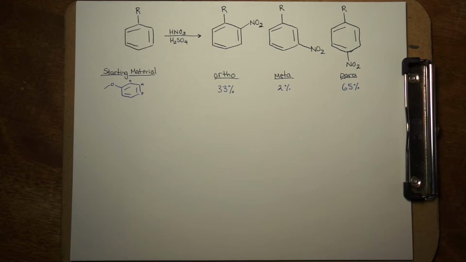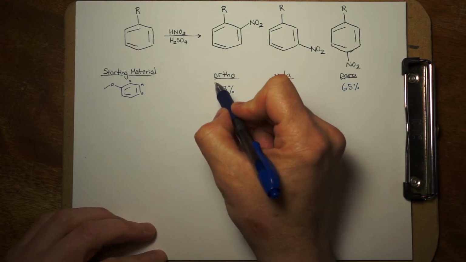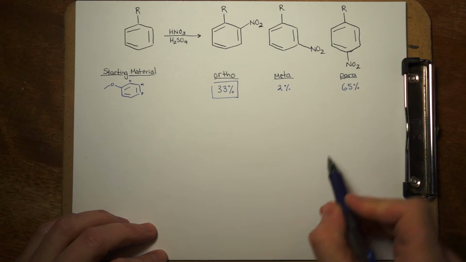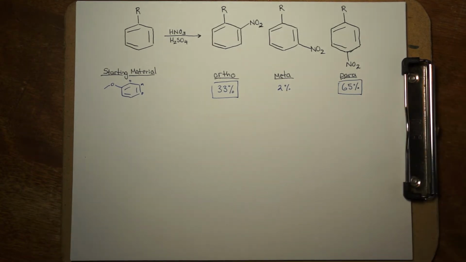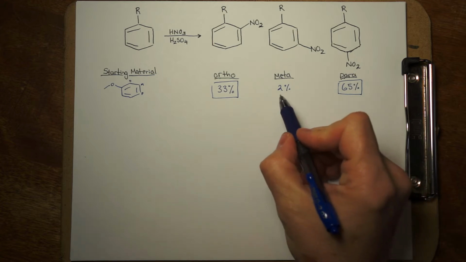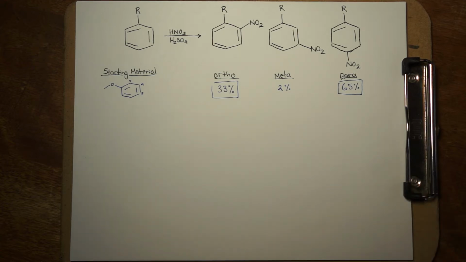These are just representative of an approximate distribution of products. And what we see here is that this reaction favors the formation of the ortho and para substitution products, and a very, very small amount of the meta nitration occurs.